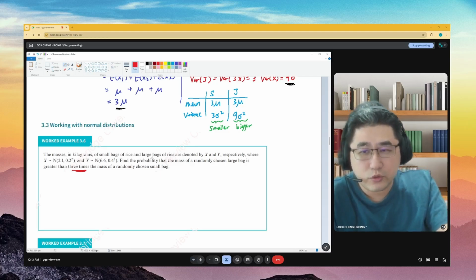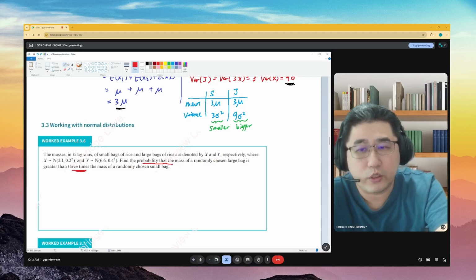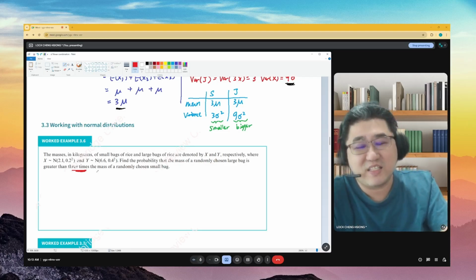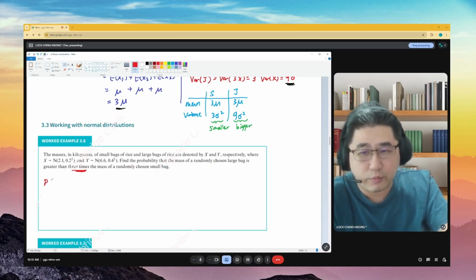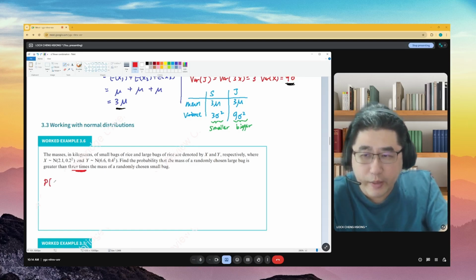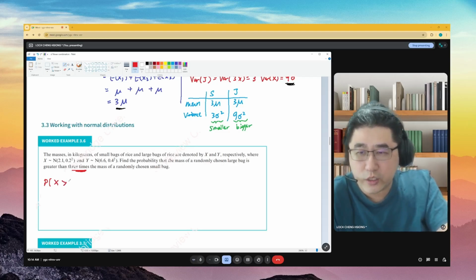According to the sentence here, we need to translate the sentence into mathematics. So we have the probability that the chosen large bag is greater than 3 times the small bag.